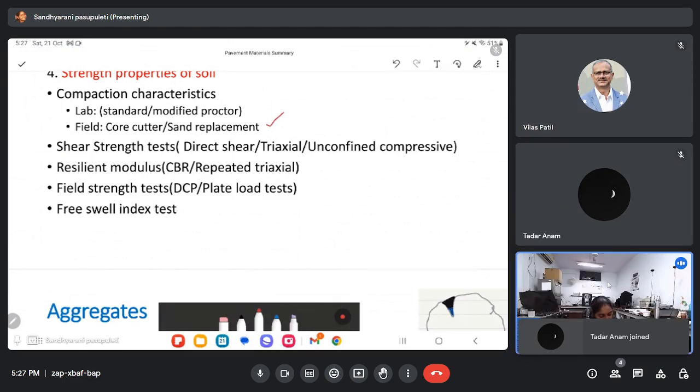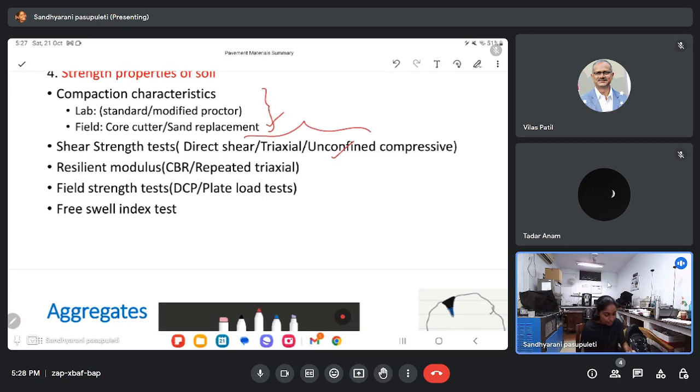In addition to these compaction characteristics, we also have studied shear strength characteristics. To understand shear strength, we have studied the direct shear test, the triaxial test and the unconfined compressive strength test. The concept in all these tests is that we apply a vertical compressive stress on the material.